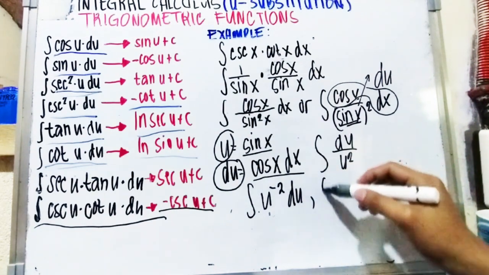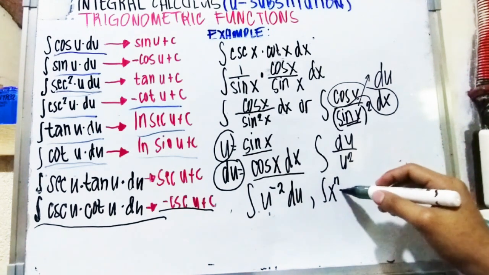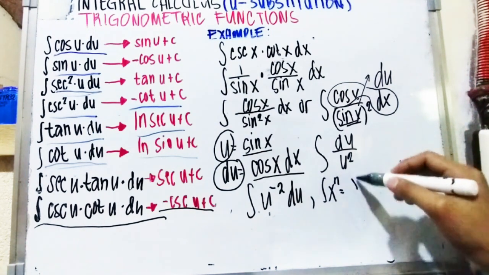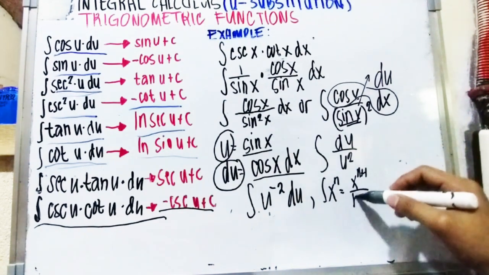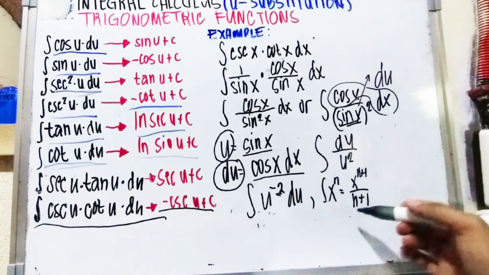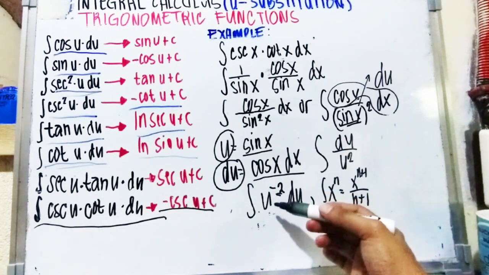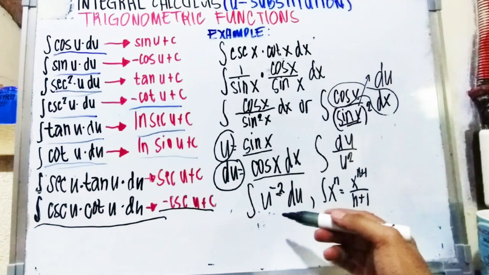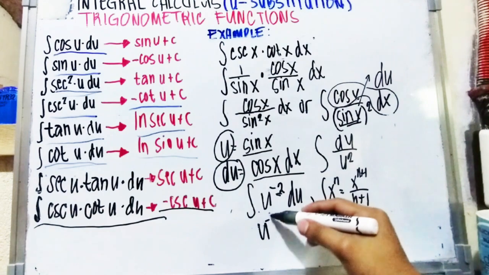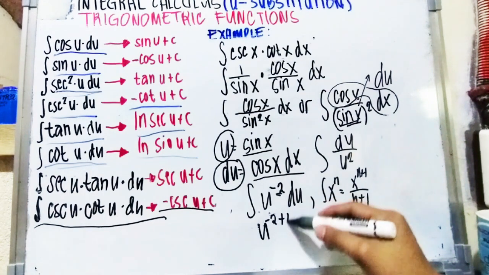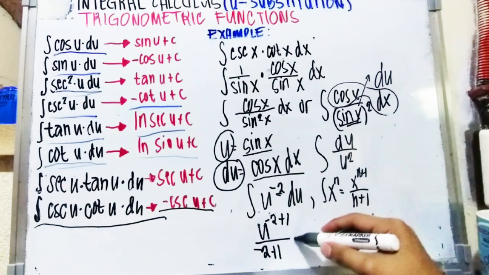Recall that the integral of a function raised to a certain degree is equals to that function raised to n plus 1 all over n plus 1. So, pwede nating ma-apply yung property na ito in evaluating this integral. So, magiging u, yung n natin is negative 2 plus 1 all over negative 2 plus 1.